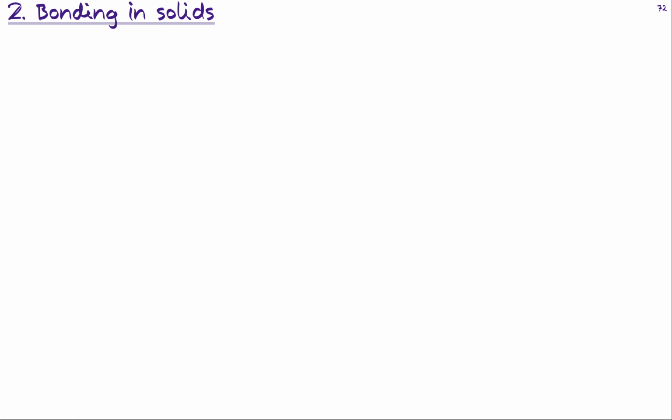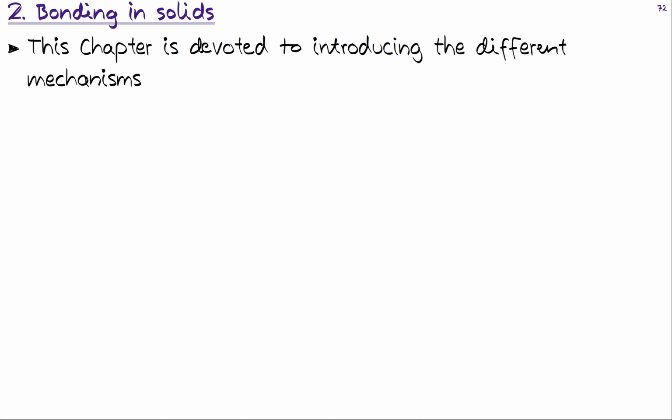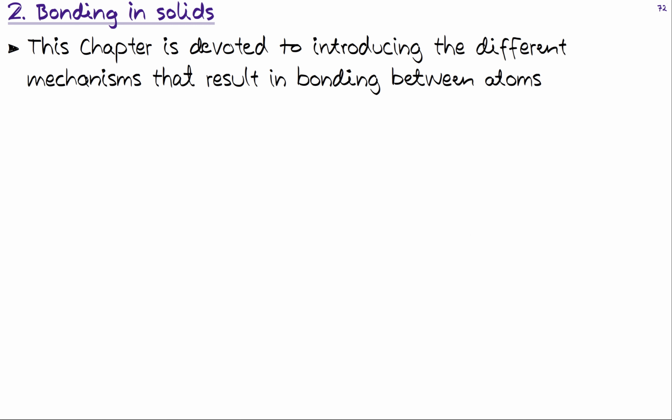I will start by telling you that what we want to do in this chapter is introduce the different mechanisms that give rise to the formation of solids.